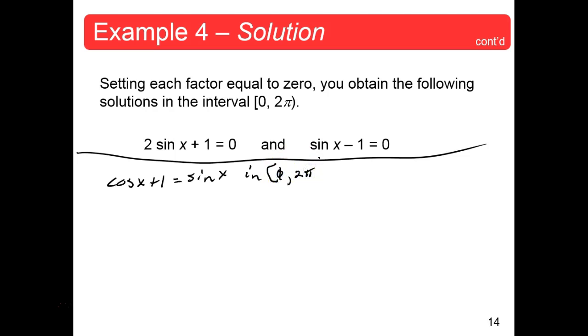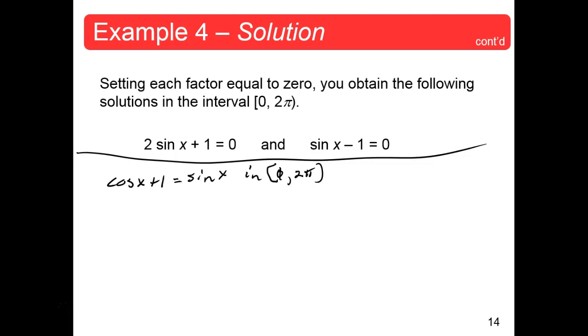There's a bracket on the 0, but a parenthesis on the 2 pi. What does that mean? The 0 is included in the interval, 2 pi is not. It's closed on the 0 end, open on the 2 pi end. So we go right up to 2 pi, but don't hit 2 pi.